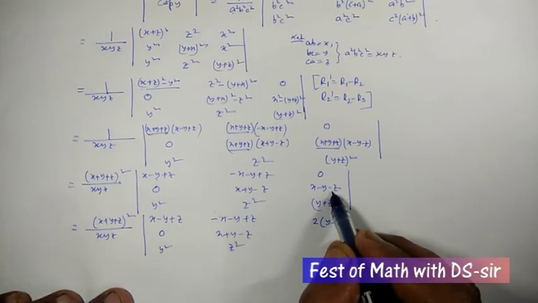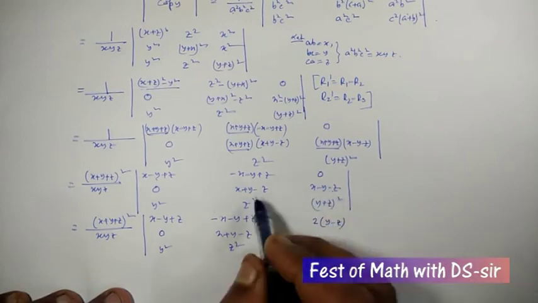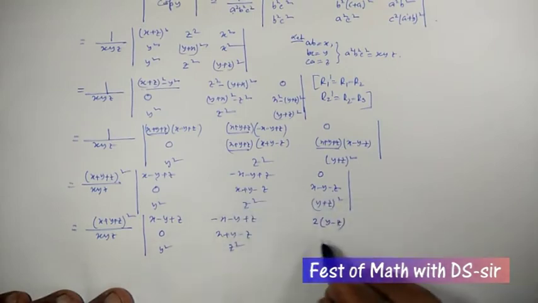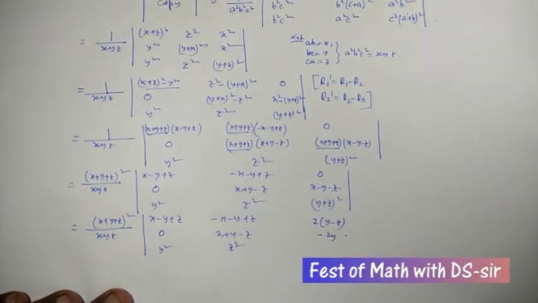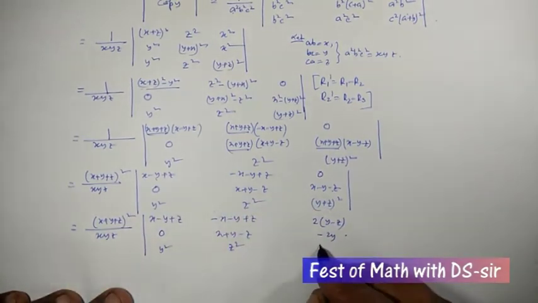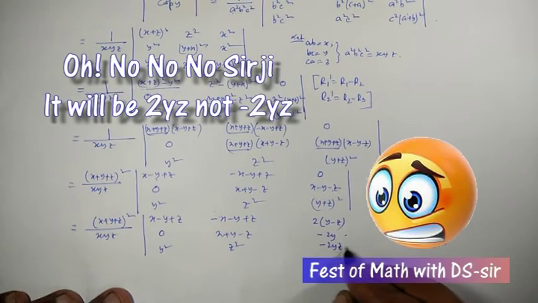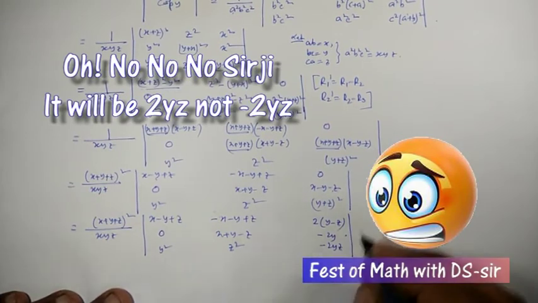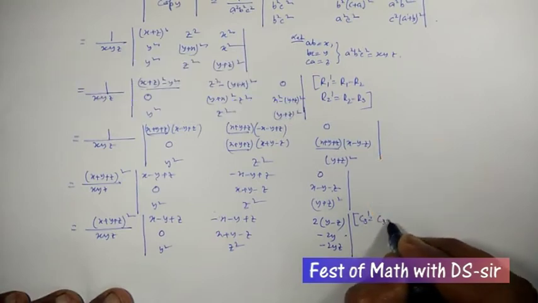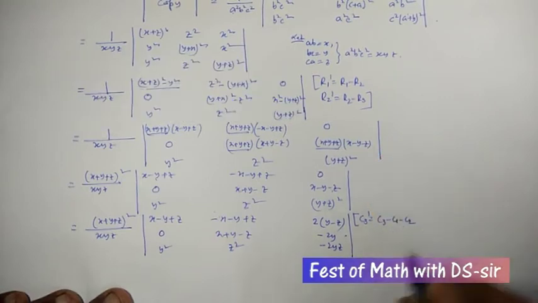When I subtract this from this, what do we get? Minus z cancels, x cancels, only minus 2y remains. When the sum of these two is subtracted from this, there remains minus 2yz. So C3 dash is equal to C3 minus C1 minus C2.